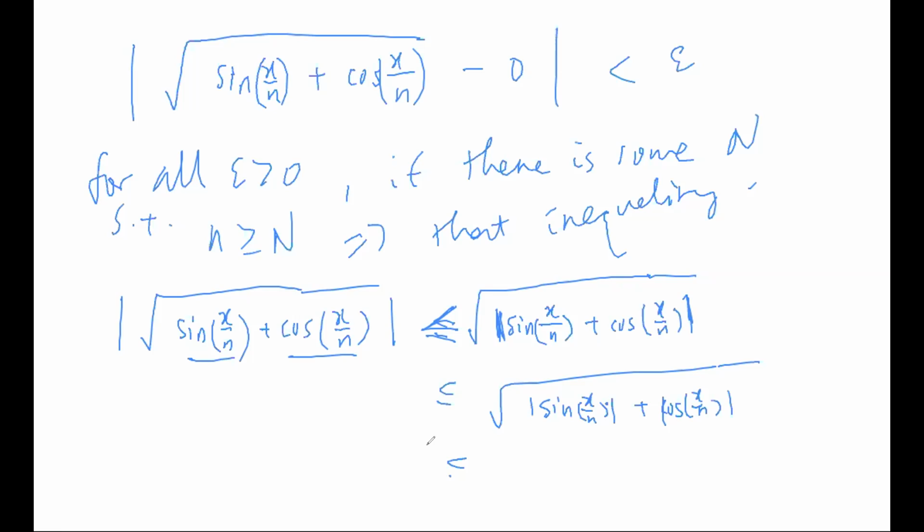What would happen here? It has to involve some kind of bound that involves some function of n.